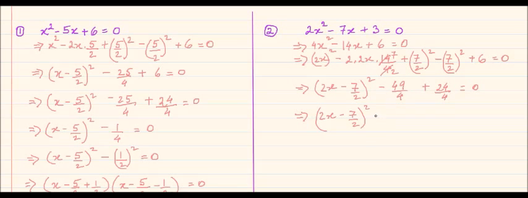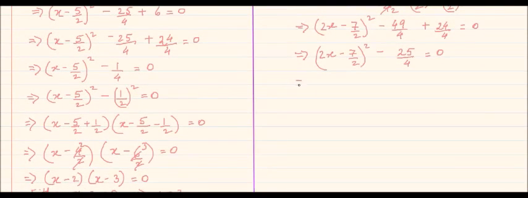So the sign will obviously be negative because 49 is the larger number. So it will be minus 25 by 4 equal to 0. And 25 by 4 is again a perfect square because it is (5/2)², right?